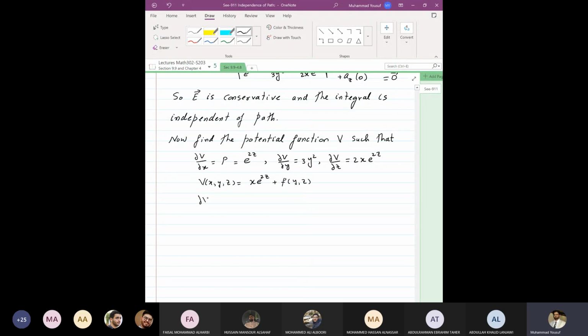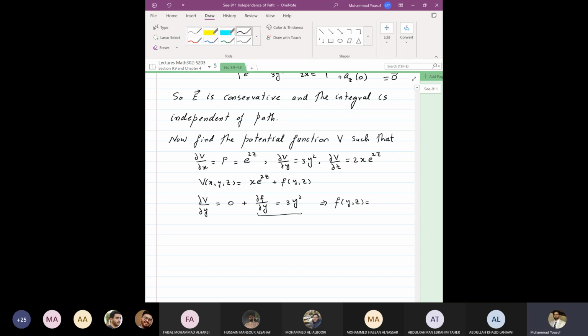Now, then differentiate with respect to y. So the first part is 0, no y. Second part, partial f by partial y. And we put partial f by partial y equal to Q, which is 3y square. And this implies f of y, z, we integrate this with respect to y.